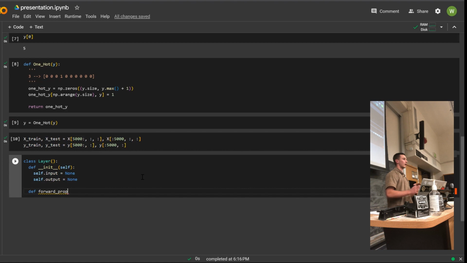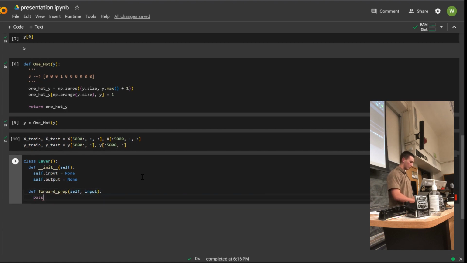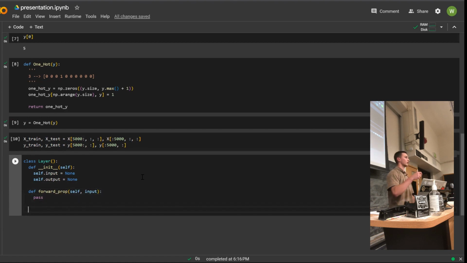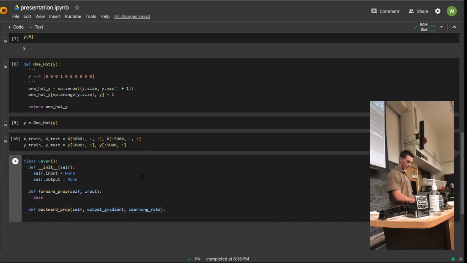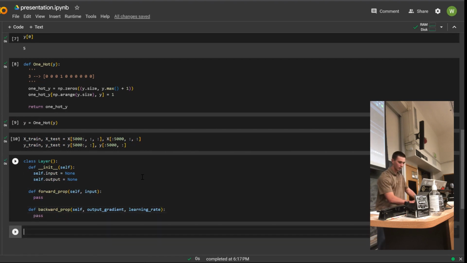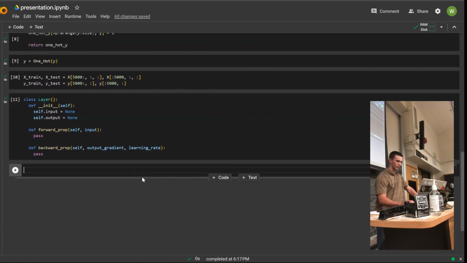And this is going to have subclasses which inherit these properties. So I'm going to define the forward propagation functions, but the specific forward propagation is going to depend on what type of layer we have. So when we create subclasses of this, that's when we actually tell our class what to do in terms of forward and backward propagation.